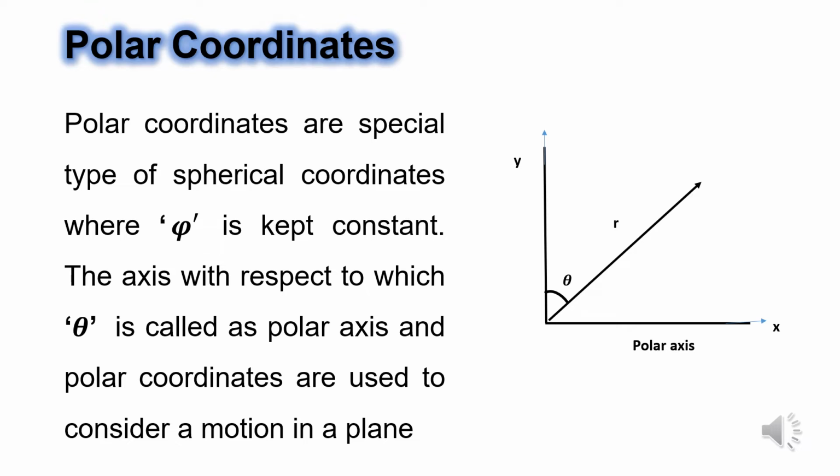You can see there is a polar axis, x in the x direction and y in the y direction, and there is an angle theta and component r. The axis with respect to which theta is measured is called the polar axis, and polar coordinates are used to consider motion in a plane.